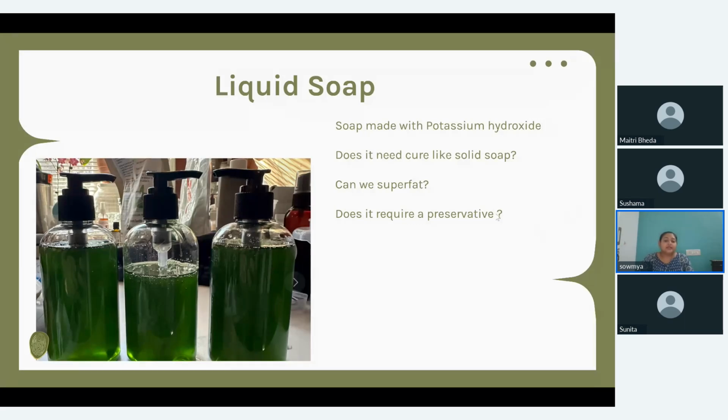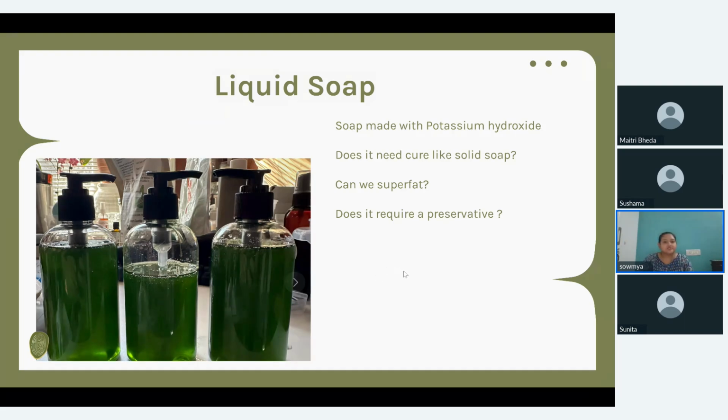And does it require a preservative? It usually does not require a preservative, because the soap solution that we get is highly alkaline, meaning the pH is somewhere around 9 to 10, we can say. So that is the reason.